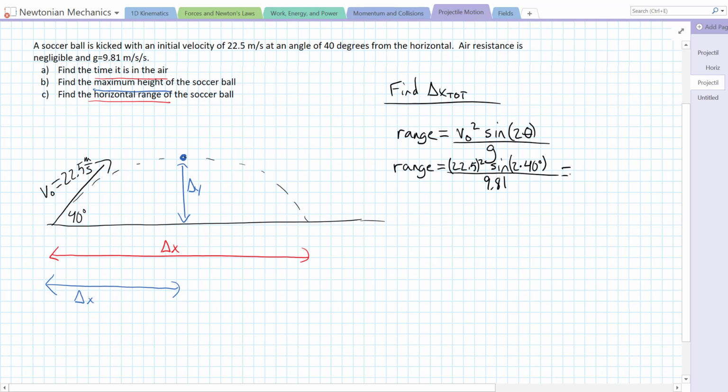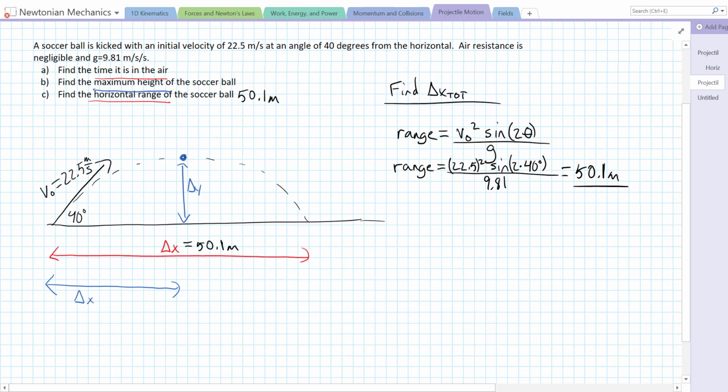We can plug that into a calculator. 22.5 squared times sine of 80 divided by 9.81 gives us a range of 50.1 meters. So there we have it. The horizontal range is 50.1 meters. So I'm actually going to label that in my diagram, 50.1 meters.